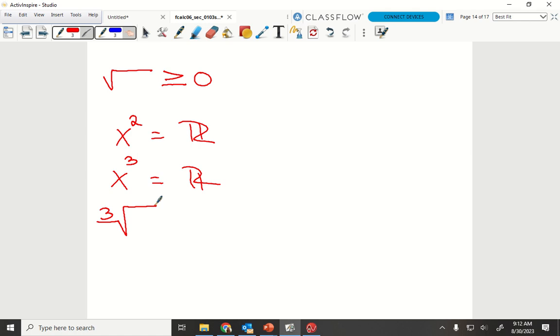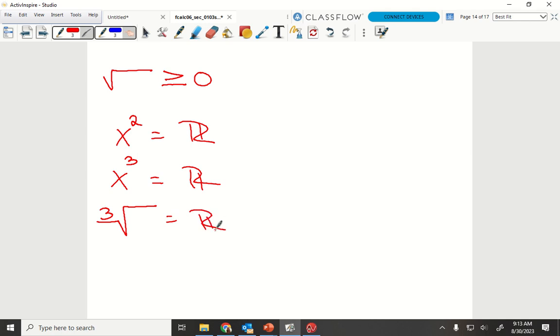Can you have it in a cube root? Yes, you can. Okay. You can, because in a cube root, I could have -2 times -2 times -2, which is the cube root of -8. So that one does work out because there is an odd number. You can multiply three negative numbers together, and then because of that, you're going to get another negative. So that one is going to work. So this is also all real.